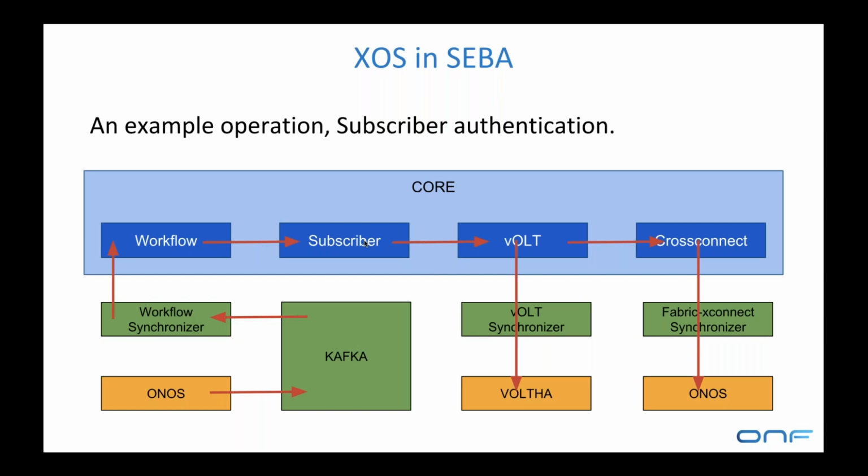The entire system is designed to be modular so that services can coexist. So, for example, there's always talk of having a multi-access edge that would have SEBA plus some of the M-CORD services, so that these can all exist and expose an API northbound that is sort of custom depending on the services being included.